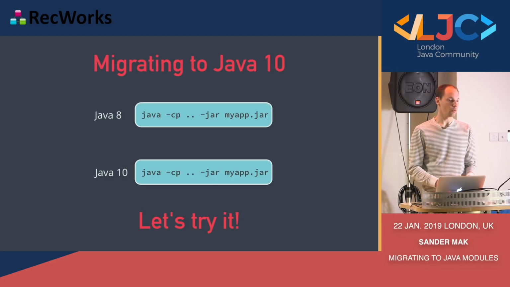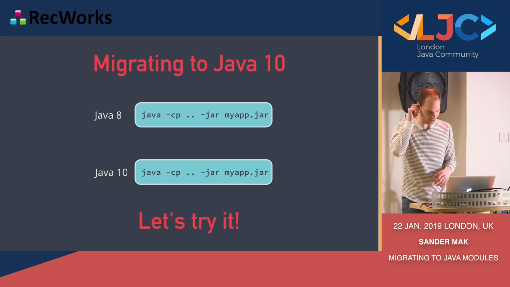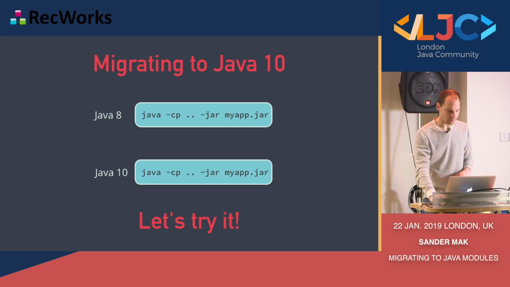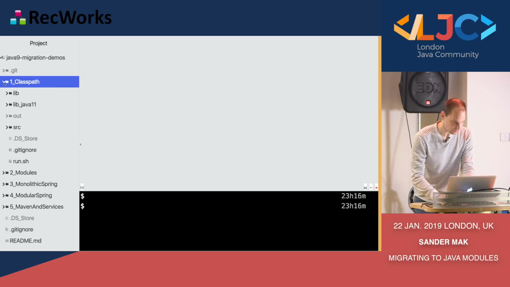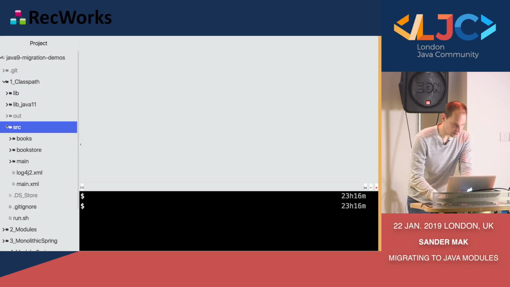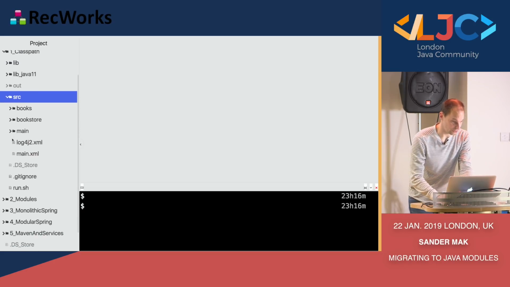So, well, what better way than to just try it? And where this says Java 10, just read Java 11, doesn't really matter. So let's say we have this application, and I have the steps in different subdirectories. So I'm going to go to the class path solution here. And this is really just the application that I've just shown.